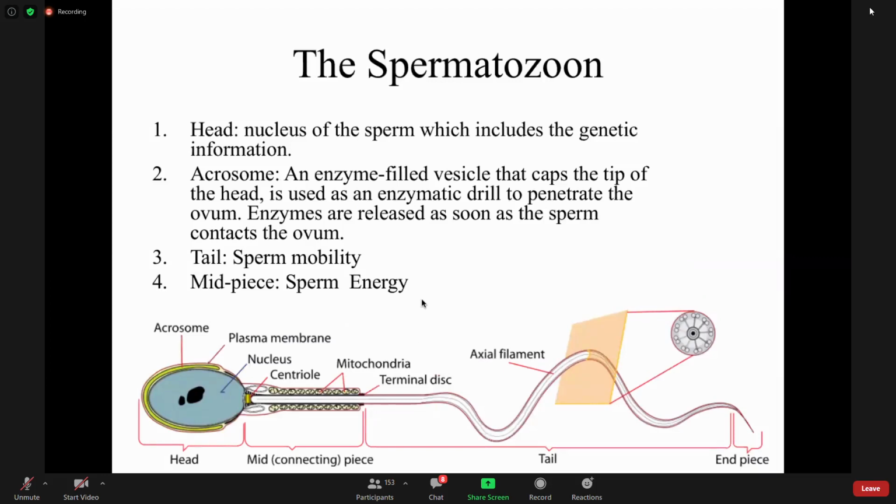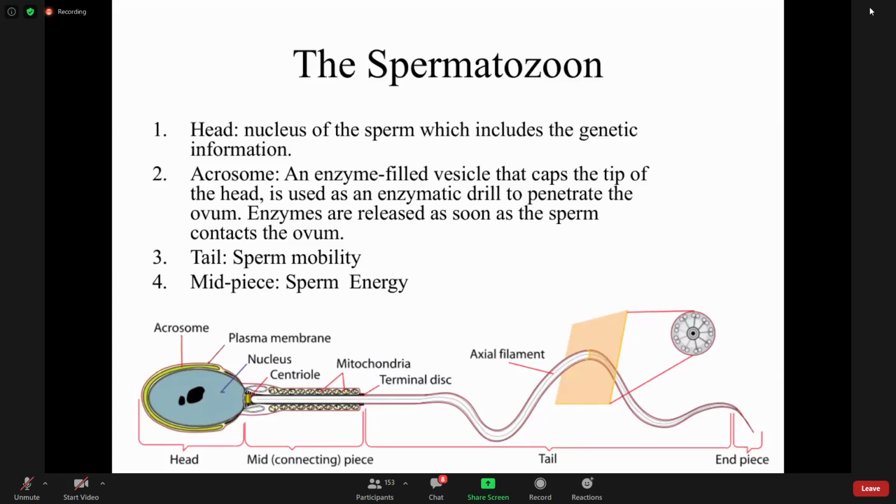Okay, so the spermatozoon is made up of 4 main elements. The tail, which is basically going to give the propulsion and it's going to stay static for some seconds after being deposited in the cervical canal.